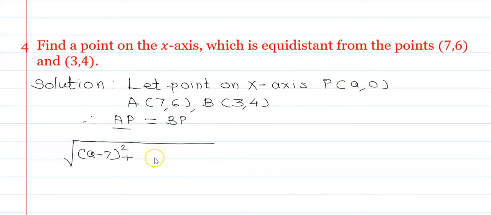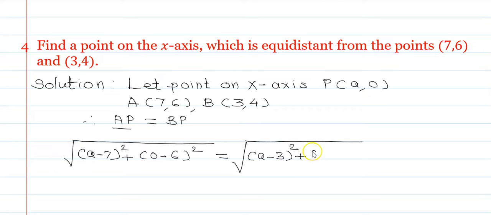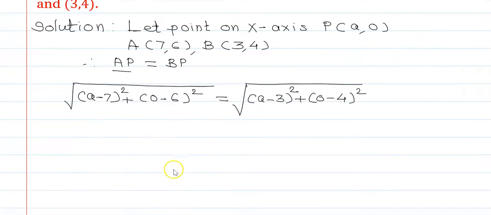In the next bracket, 0 minus 6, the difference of y coordinates, (0 minus 6) bracket square. Now, on this side, the BP. Again, the difference of x coordinates, (a minus 3) bracket square plus, next is (0 minus 4) bracket square.